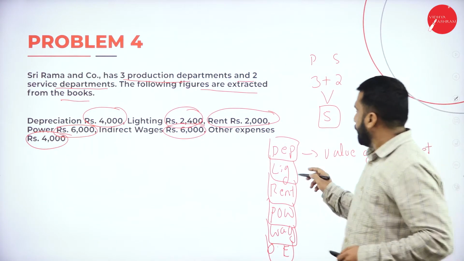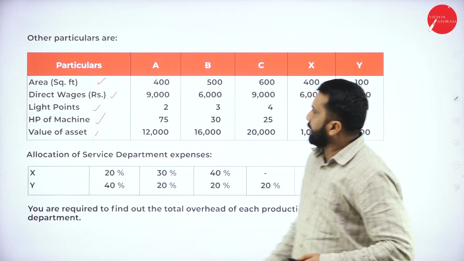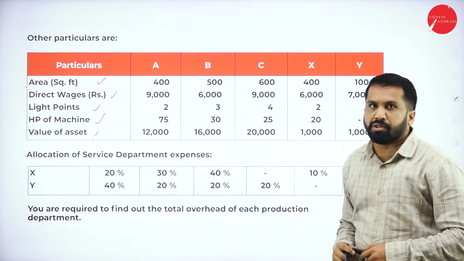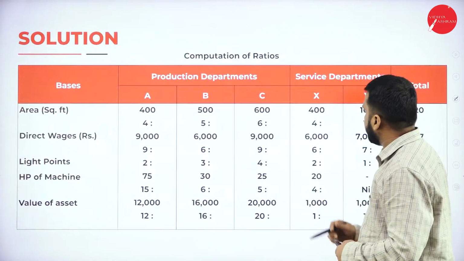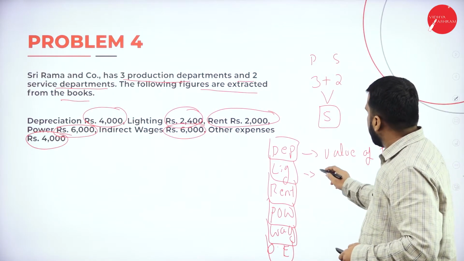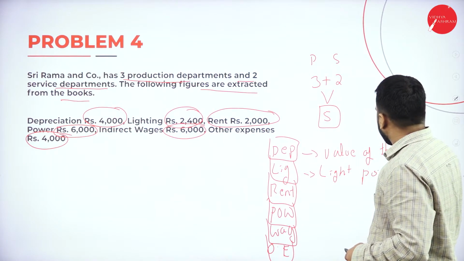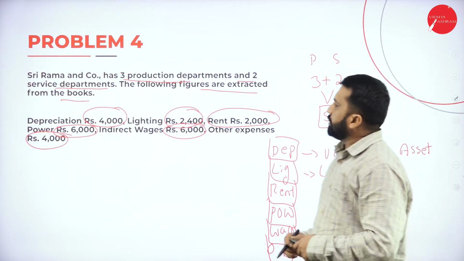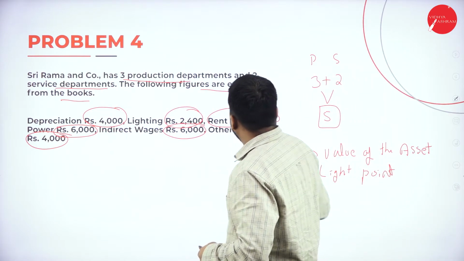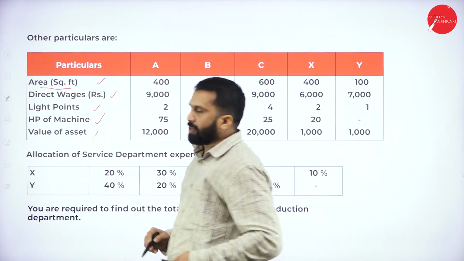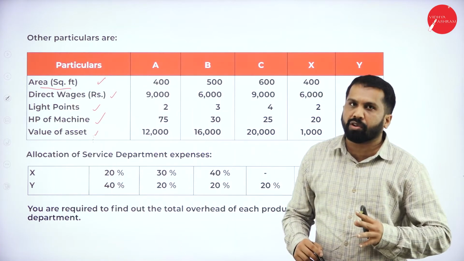First one is done. Next we have lighting. Lighting on the basis of light point. So we are supposed to take light point for lighting. After this, what is the next one? Rent. Rent comes under what? Rent comes under area occupied.